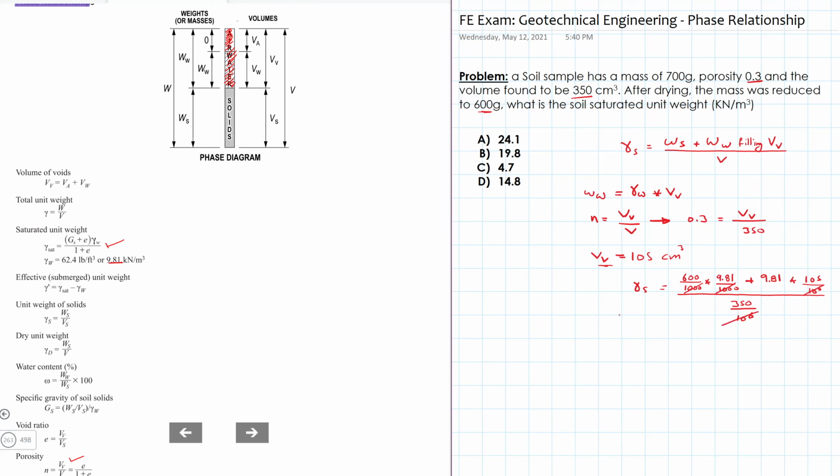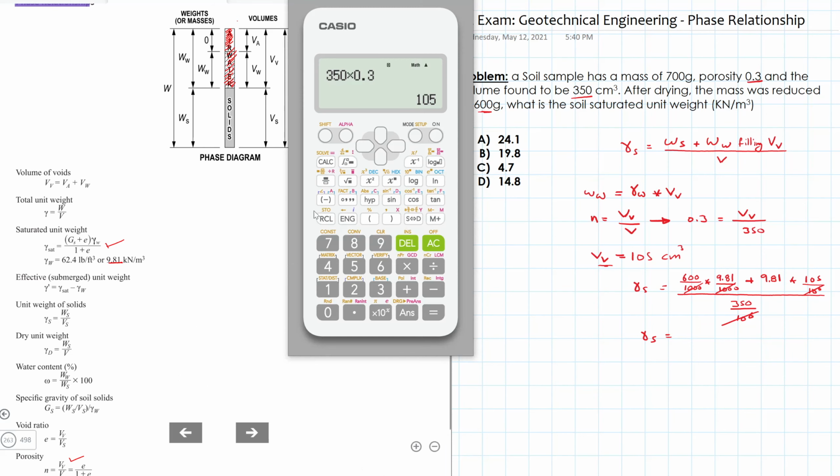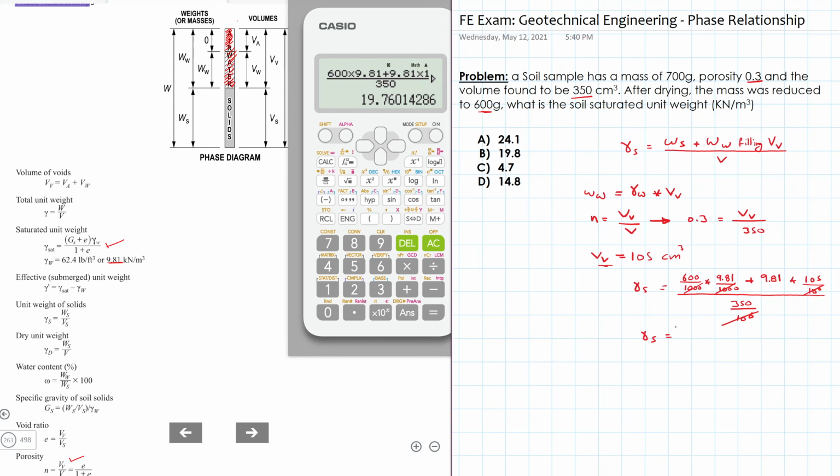Those will cancel out. So gamma saturated, the saturated unit weight, found to be 19.76, which is the second option.